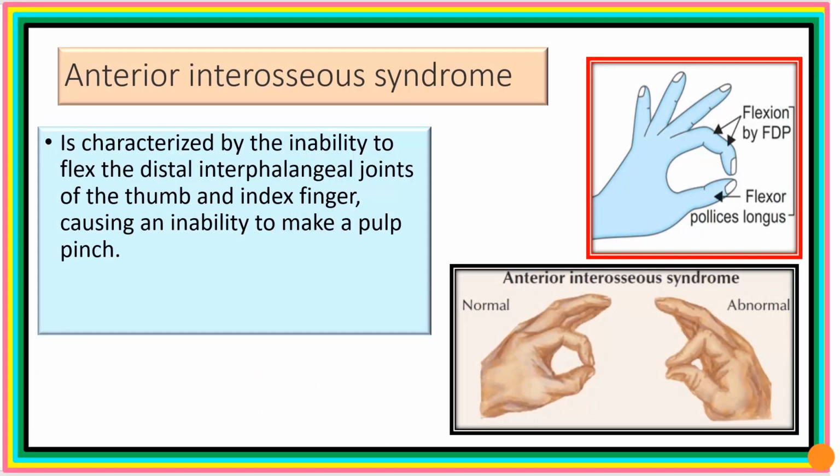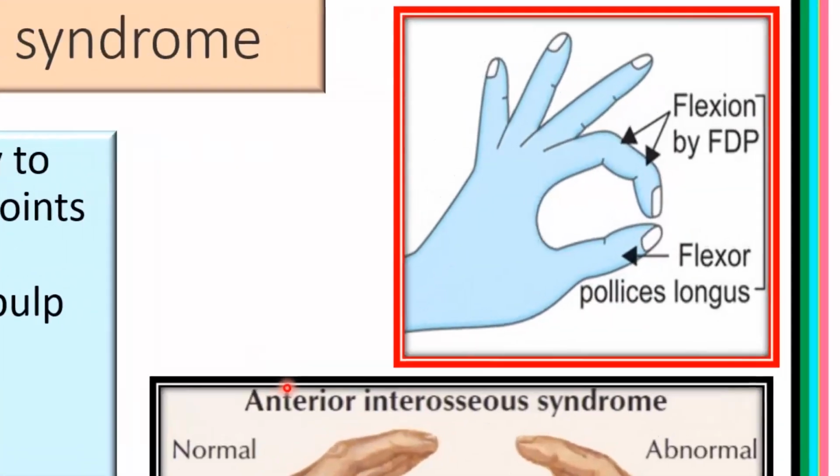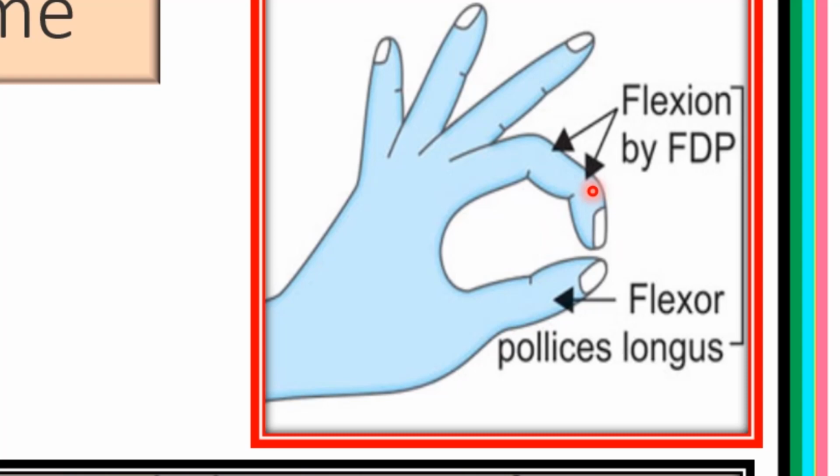Anterior interosseous syndrome is characterized by inability to flex the distal interphalangeal joints, as you can see here, when the flexor digitorum profundus is paralyzed, and here when the flexor pollicis longus is paralyzed, because both muscles are the only muscles that will flex the distal interphalangeal joint, and these muscles are innervated only by the anterior interosseous nerve.